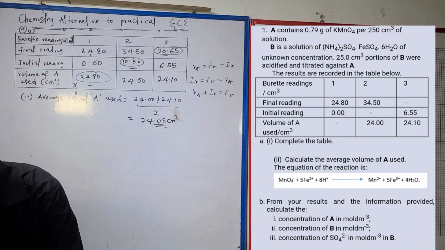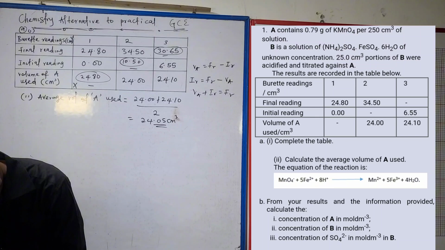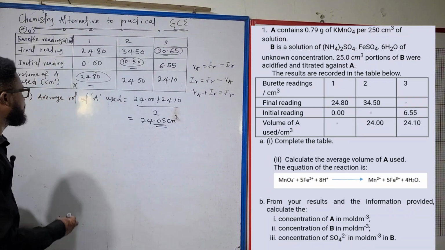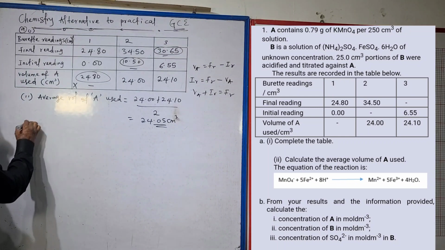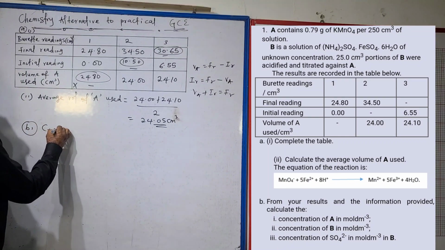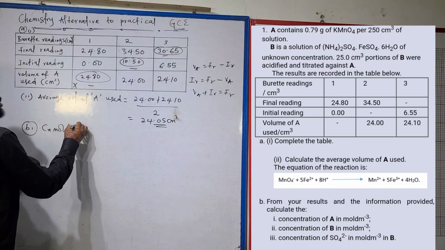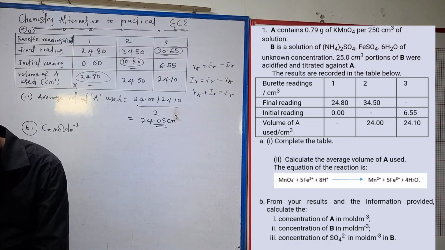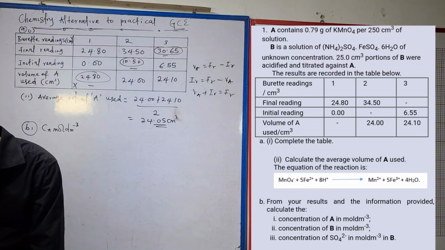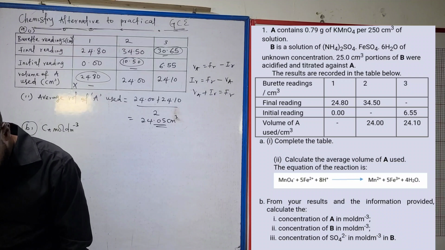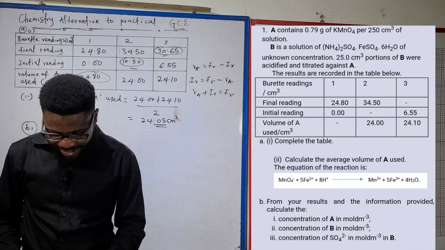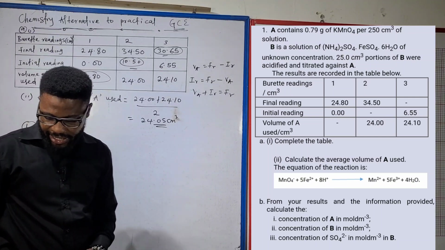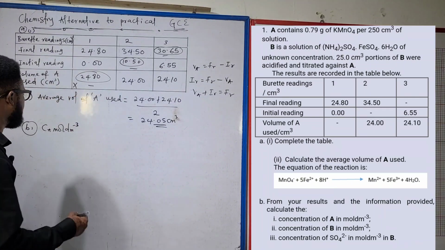Okay, moving on to the next question. We are through with A, we move to question B. Concentration of A in mole per dm cube, B1. Looking at the question from the beginning, A is 0.79 gram of potassium permanganate per 250 cm cube. In other words, based on the information I have for A, I am meant to convert that into mole per dm cube.